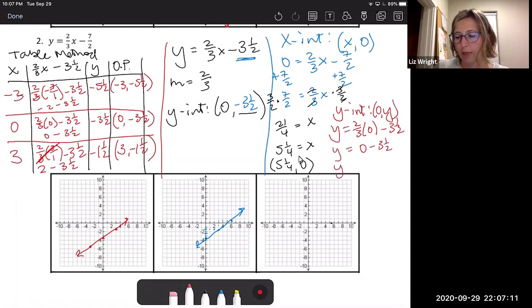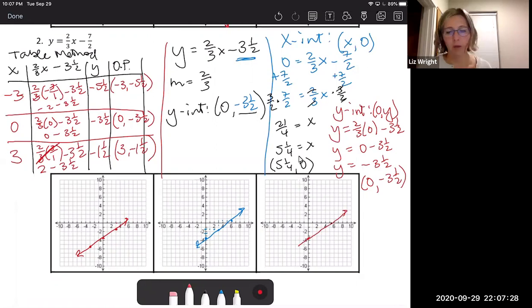And so y equals -3 1/2, as we predicted. So then write your ordered pair as 0, -3 1/2. Go plot that point at -3 1/2, and then draw your line between those 2 points. All right.